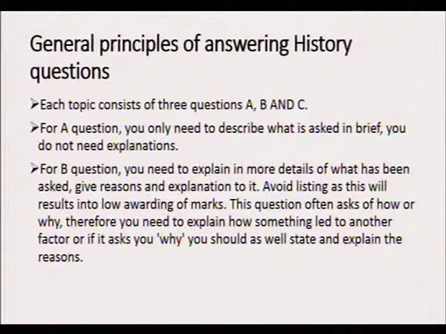In brief, you do not need explanations. For question B, you need to explain in more detail what has been asked. Give reasons and explanations. Avoid listing, as this will result in low awarding of marks.